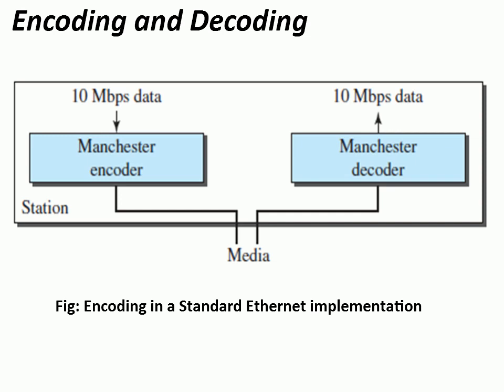As you can see here at the transmitter side, the 10 Mbps data is converted to a digital signal by the Manchester encoder. At the receiver side, the signal is decoded back to the original form by the Manchester decoding technique. That's what this figure shows: encoding in a standard Ethernet implementation.